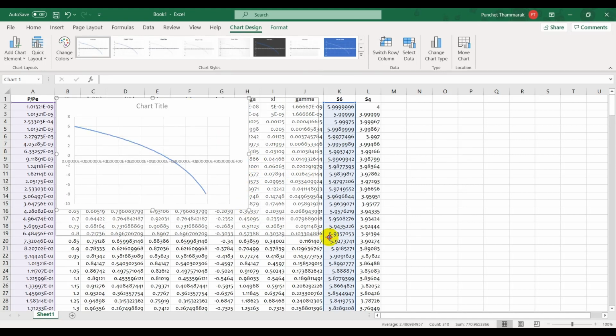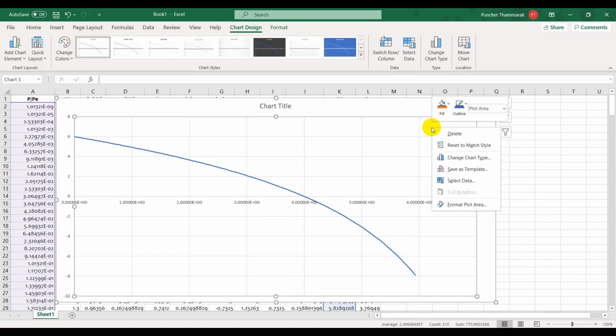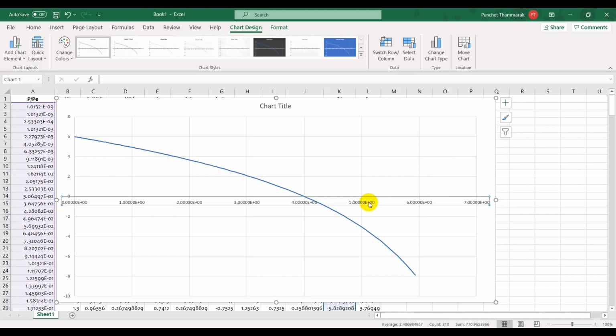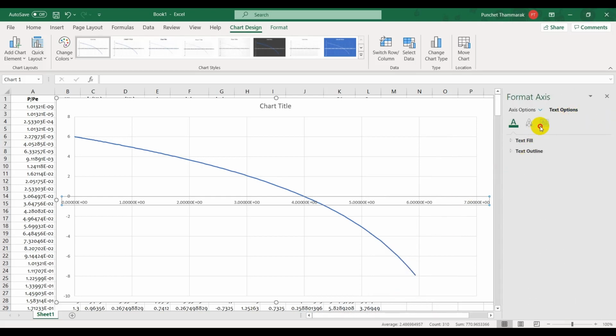Here is the stability function for that S6. So you add format. Wait a minute.